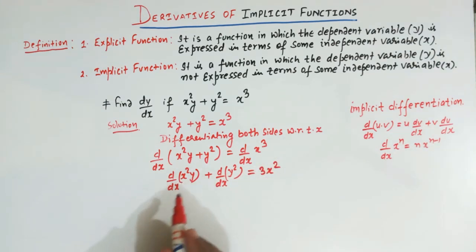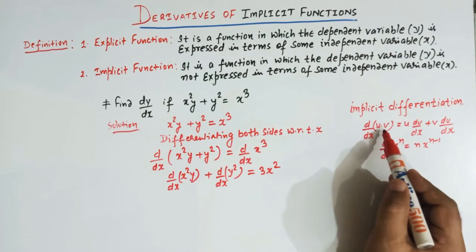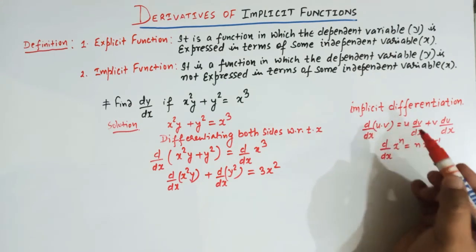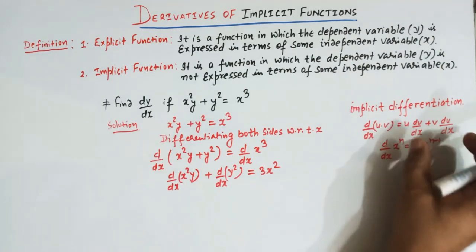Now viewers, here we would apply the product rule for finding out the derivative of the product of two functions. Here u and v are the two functions of x, so we'll apply this rule.